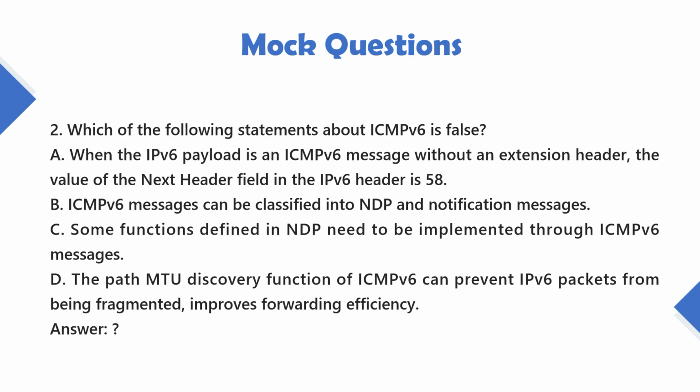C. Some functions defined in NDP need to be implemented through ICMPv6 messages. D. The path MTU discovery function of ICMPv6 can prevent IPv6 packets from being fragmented, improves forwarding efficiency.